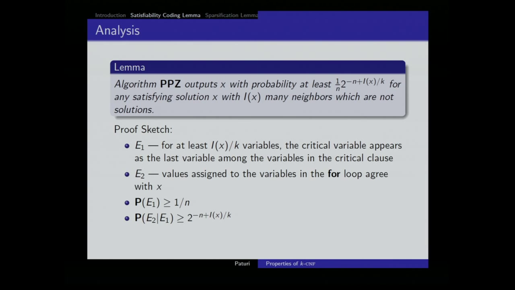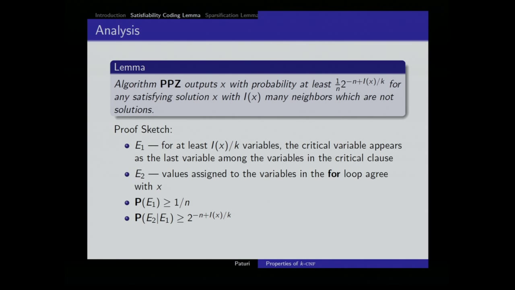That event happens with probability at least 1 in n, and given that it happens, we set the other variables to correct values with probability half. We don't have any other information, so we get the total probability to be 2 to the minus n plus n over k.